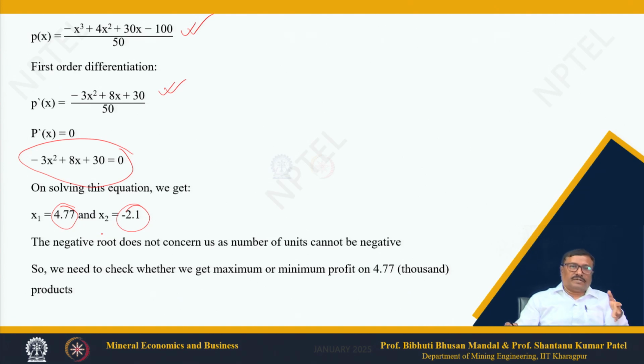The negative root does not concern us, as the number of units cannot be negative. So, we need to check whether we get maximum or minimum profit at 4.77 thousand. This is a question of maximum minimum, because this is where the slope is 0, it is taking a turn.